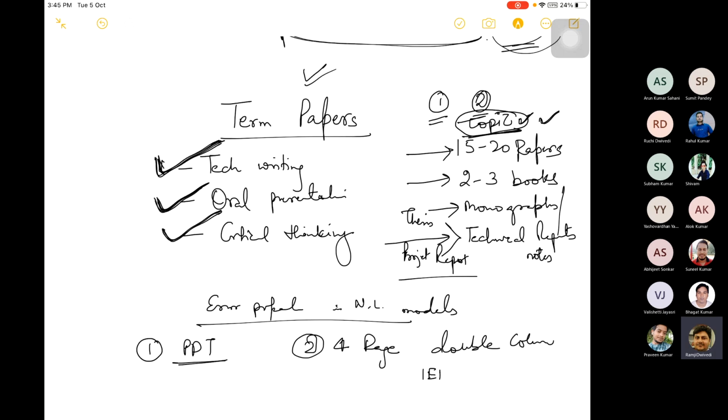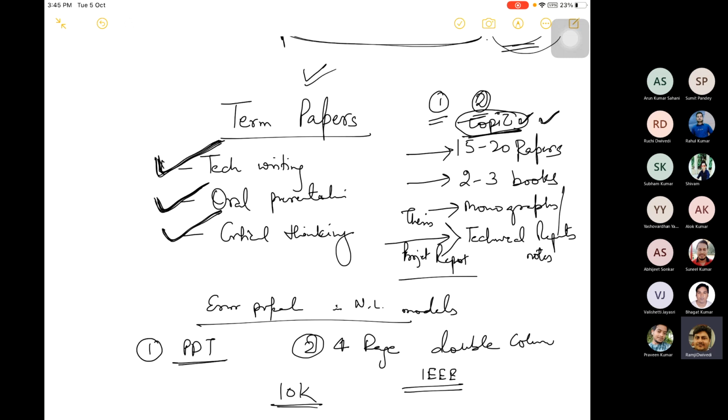in IEEE format. See, if you think in that direction, your institute offers 10,000 rupees of support to students participating in national and international conferences. And many students think that they will do this kind of work next semester.